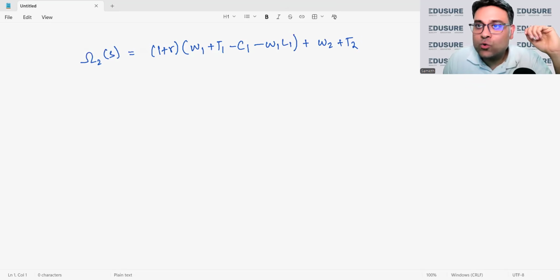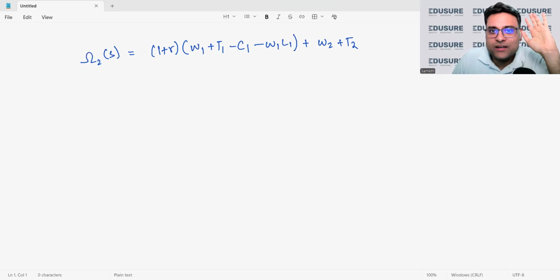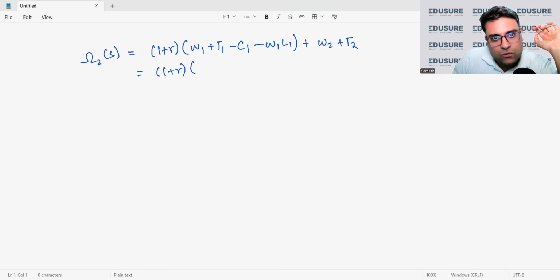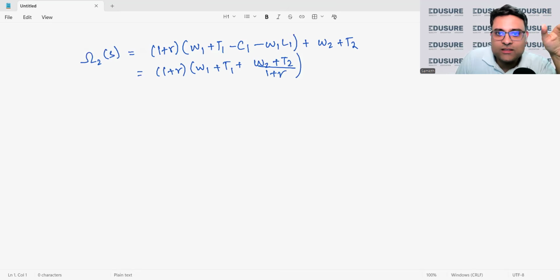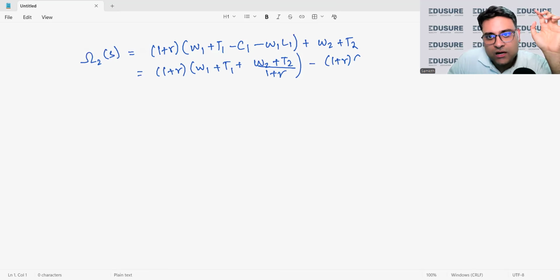Basically 1 plus R into S, I've put this in place of S. Okay. So this is equal to 1 plus R into W1 plus T1 plus W2 plus T2 by 1 plus R, I'm writing it down in that way. Minus 1 plus R C1 minus 1 plus R into W1 L1. Okay, written it in that way.